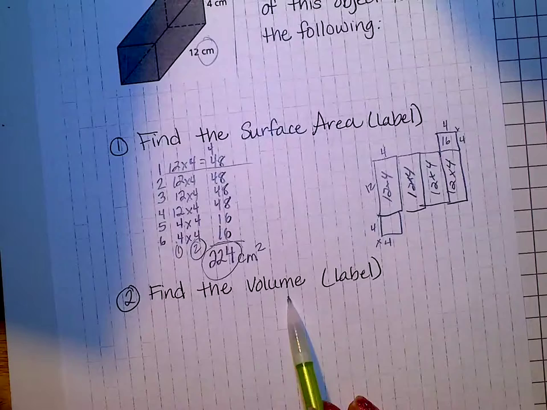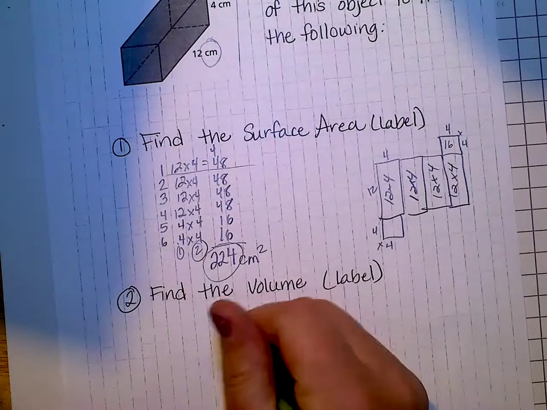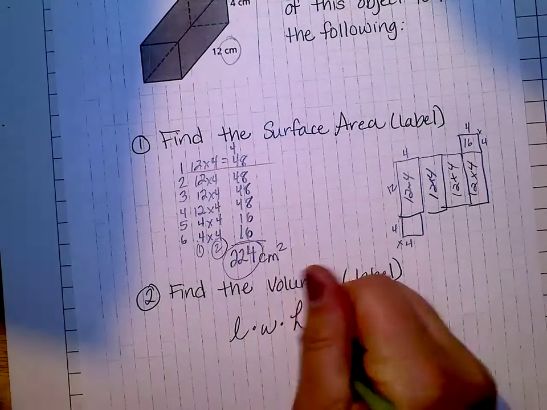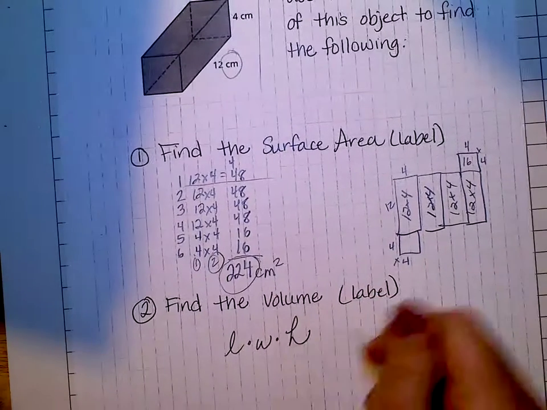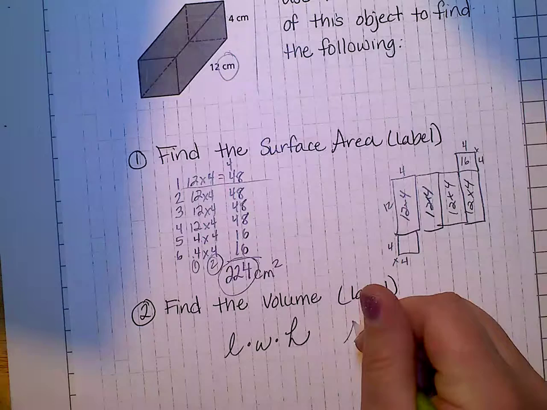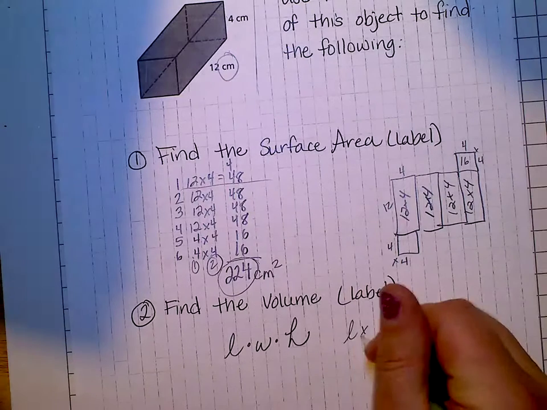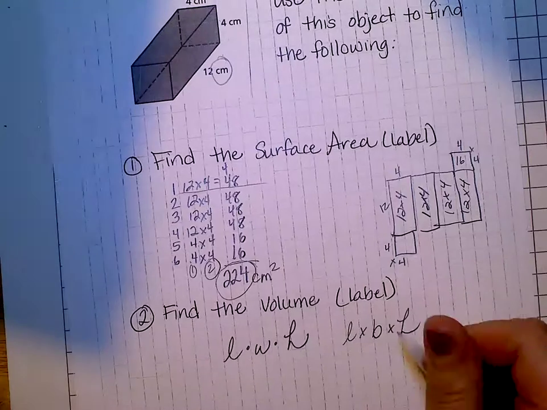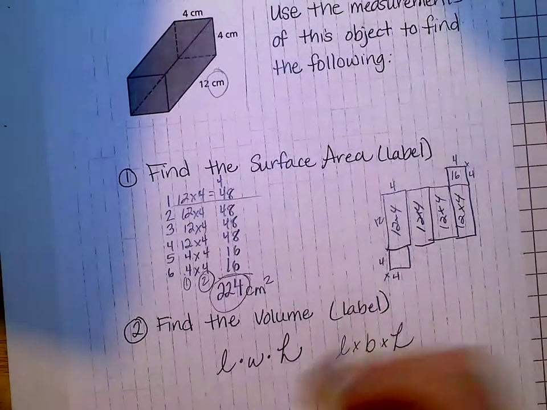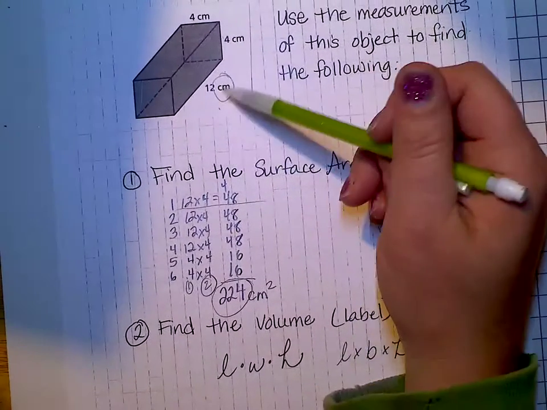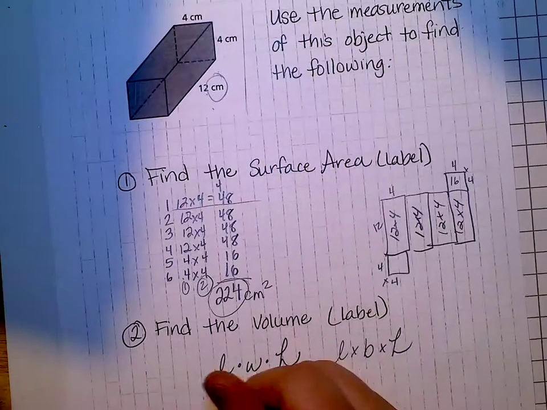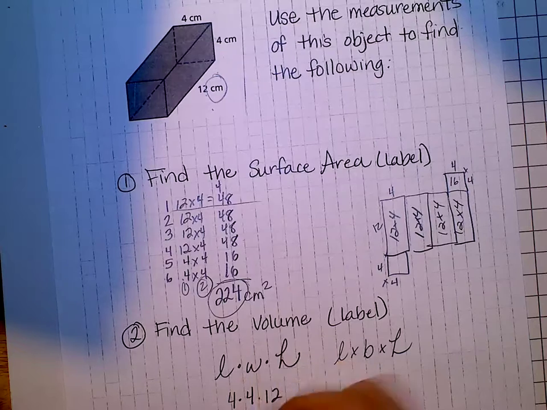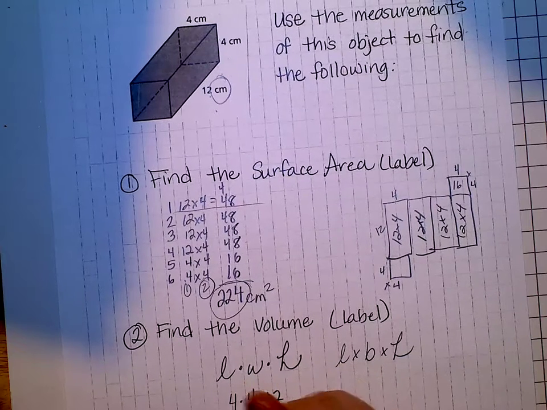Volume is much easier. Volume, repeat after me, is length times width times height. Some people call it length times base times height, but either way, we're using these 3 numbers, a 12, a 4, and a 4. So 4 times 4 times 12. Well, I know 4 times 4 is 16.